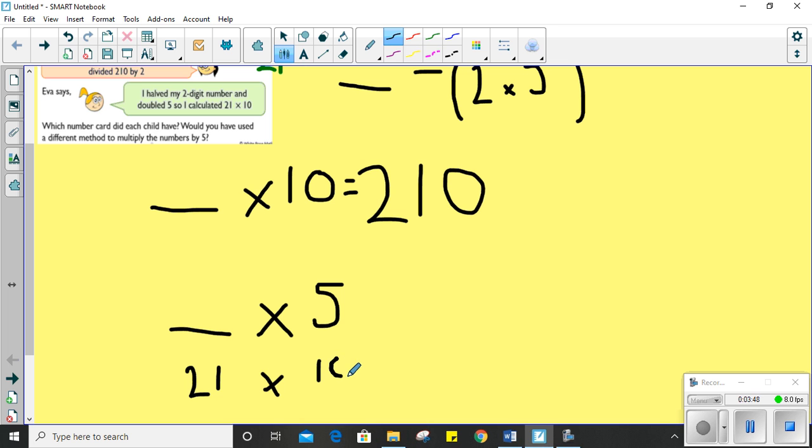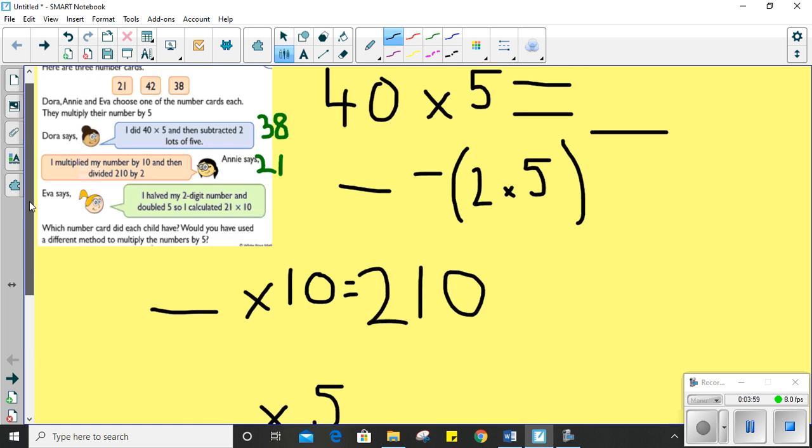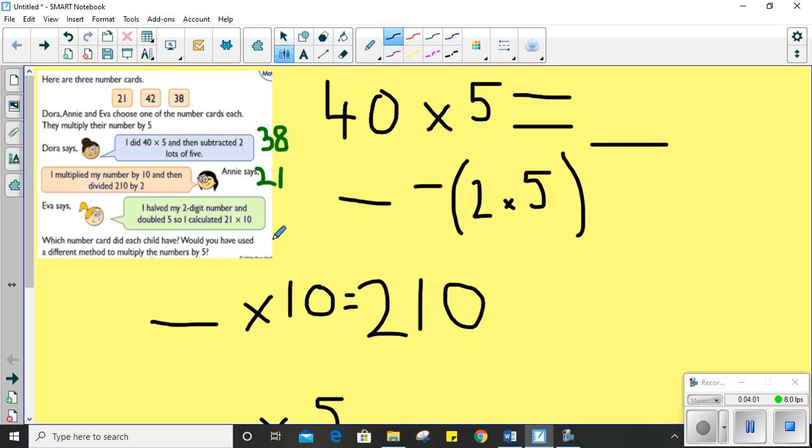So if I do the inverse of what she's done, and I do double 21, that should give me my number there. Right, so if I do double 21, I'm going to get 42. So let's just check these off. Dora, 38. Yep, we've got that one. Annie says 21. Yep, I've got that one. And Eva, 42. Yep, I've got that one.